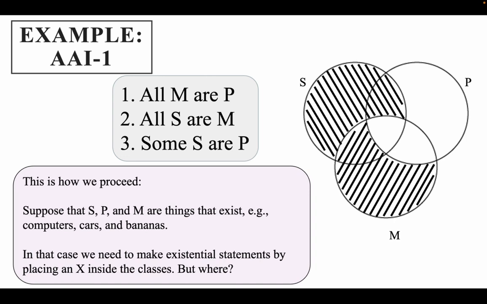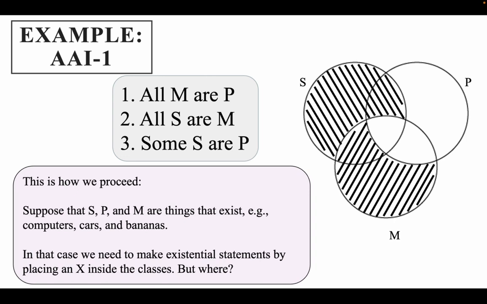Consequently, from the perspective of the modern interpretation of logic, an AAI1 syllogism is invalid. Why? Because the conclusion does not show up, is not diagrammed as a result. However, suppose that the terms of my syllogism, S, P, and M, are things that really exist.